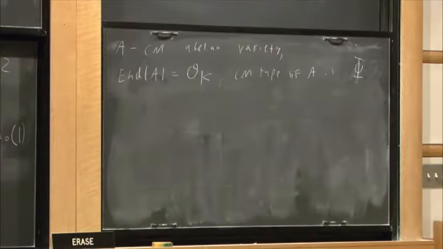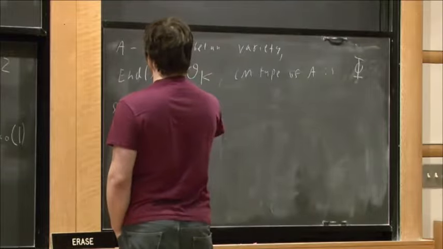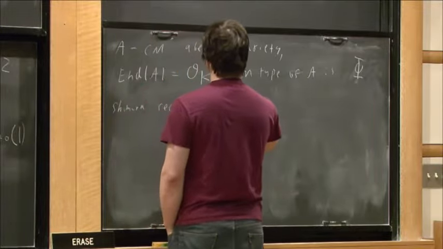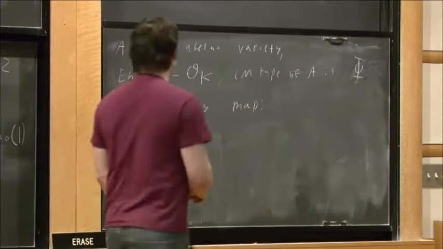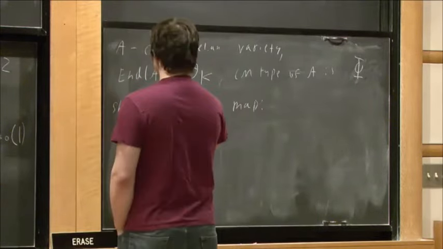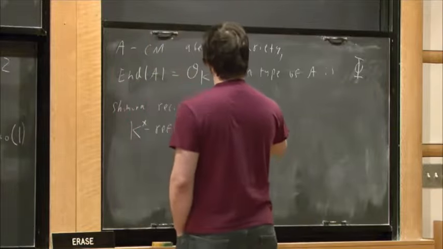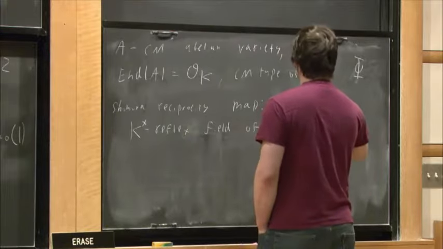OK, so then we still have a theorem of complex multiplication in this case, but now it's a little bit more complicated. So now we have something called the Shimura reciprocity map. And what it does is the following. You let K star be the reflex field associated to K together with its CM type.